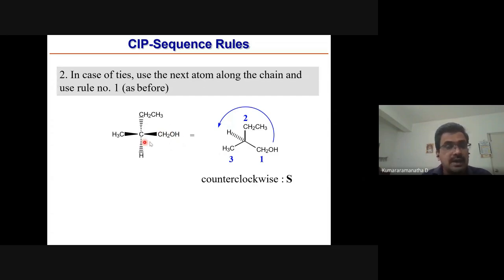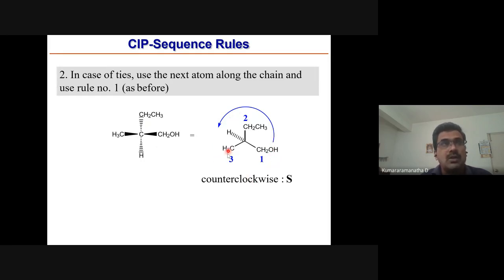Again, hydrogen you can neglect, keep it outside, away from you, and keep CH2OH, CH2CH3, and methyl in one plane. CH2OH is the first priority, second priority CH2CH3, and third priority CH3. Now you can see how the assignment goes 1, 2, 3.